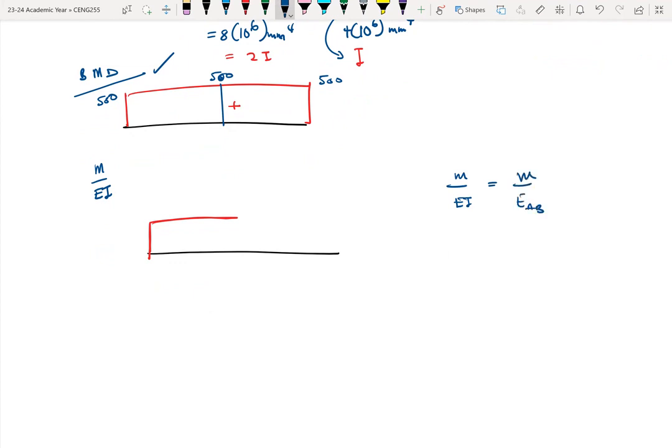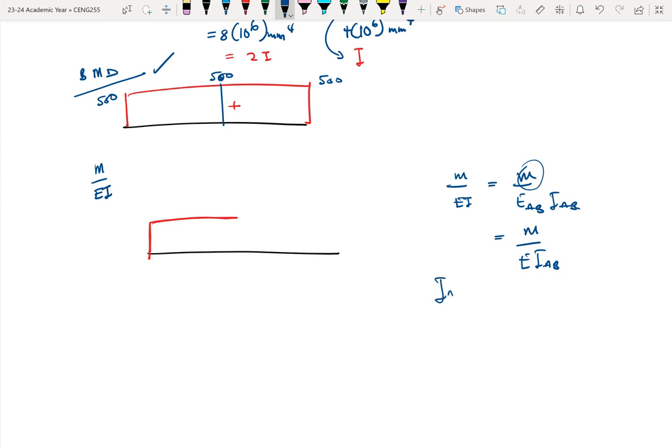E_AB and then what? I_AB. So I'm finding the moment between A and B. This moment can be constant in this case, or it can be a varying moment, whether it's linear or parabolic. E is the same throughout, so E_AB is the same as E. So this is equal to M over E I_AB.